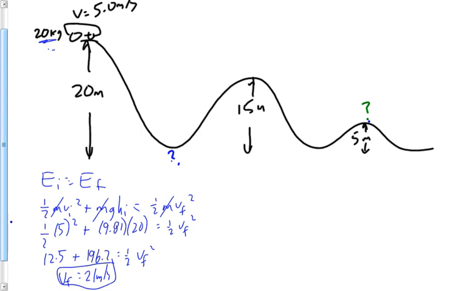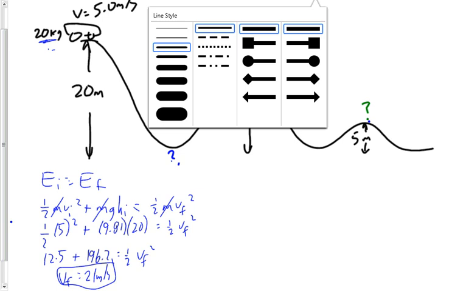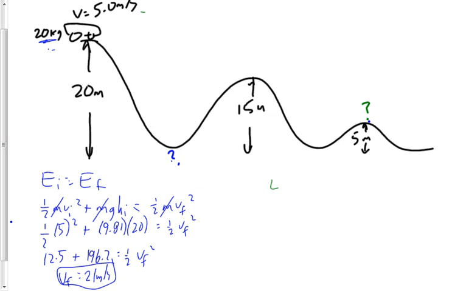Well, what if we were trying to find the speed at the green question mark now? Say the same thing, EI equals EF. EI would be kinetic and potential, the same as it was in the last question. And EF would be, this time, kinetic and potential because it's moving at that point, but this time it's also got a height.